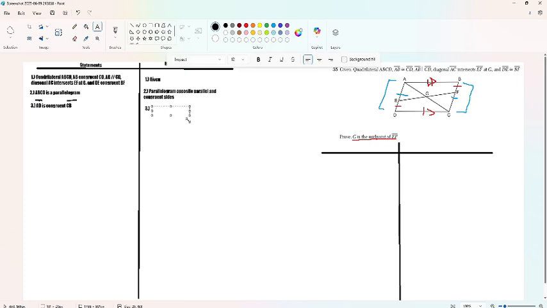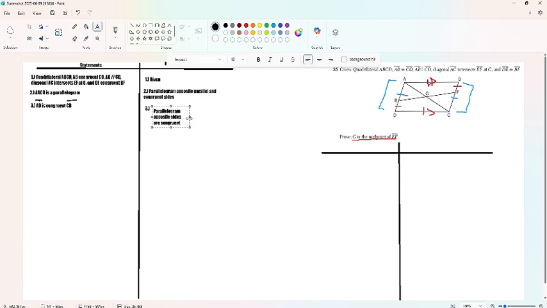First we want to prove that these two are congruent. How do we do that? First, let's prove this is a parallelogram. Opposite sides are congruent.